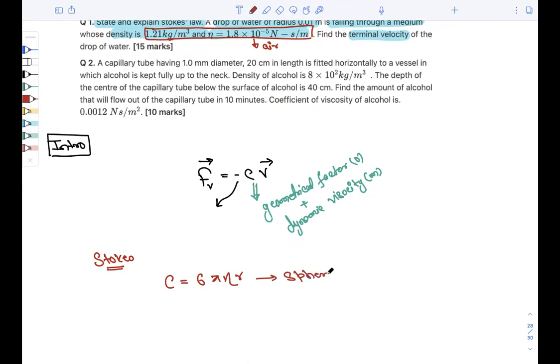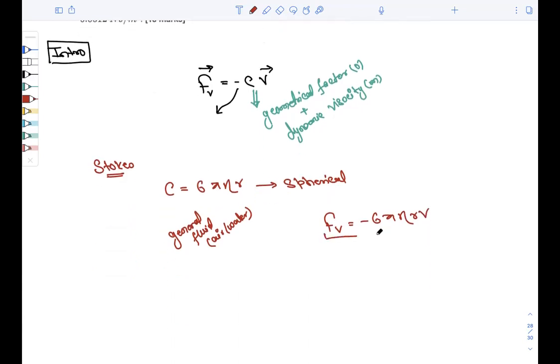So Stokes states that if a spherical body is moving inside a general fluid, that is air or water, always remember, the viscous force offered by the medium will be Fv = -6πηrv, where v is the instantaneous velocity at which it is moving. Now, this can be your introduction part.